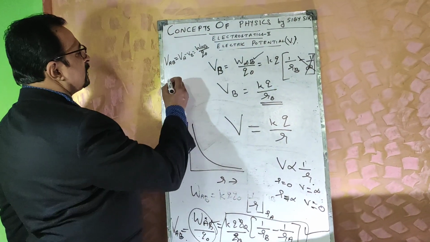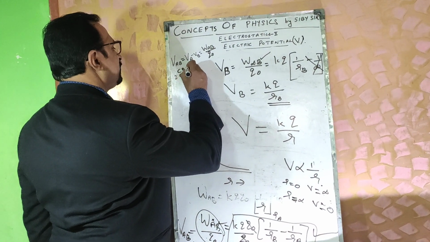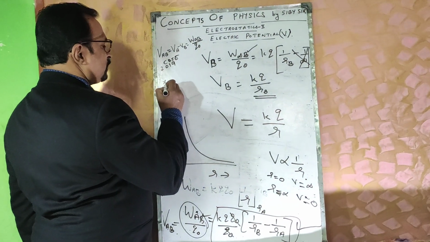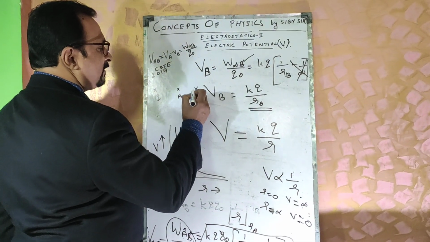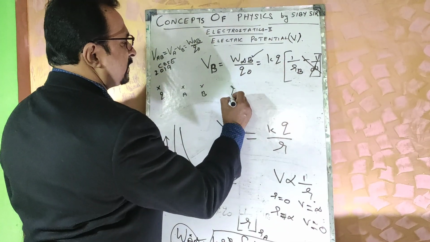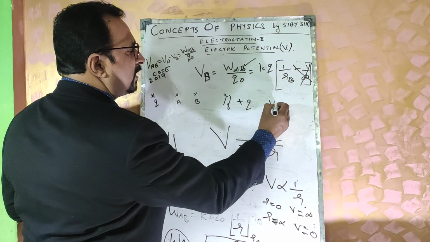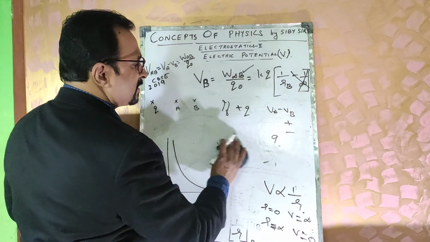In the 2019 CBSE question paper, there is a question. There is a source charge Q and there are 2 points A and B. So the question is, if Q is positive, VA minus VB, is it positive or negative? This was the question.